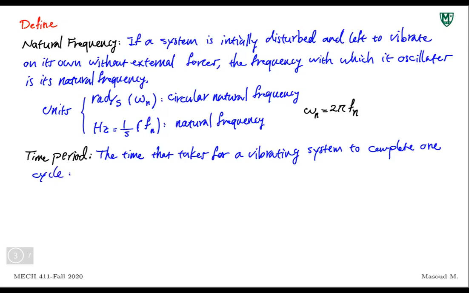We represent time period with T, just uppercase T. As I said, just the time to finish one cycle.